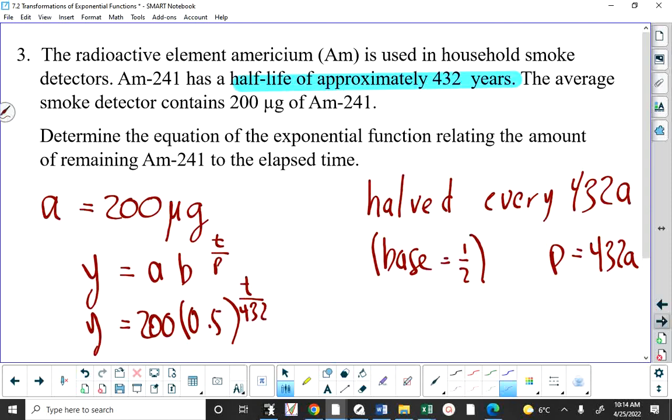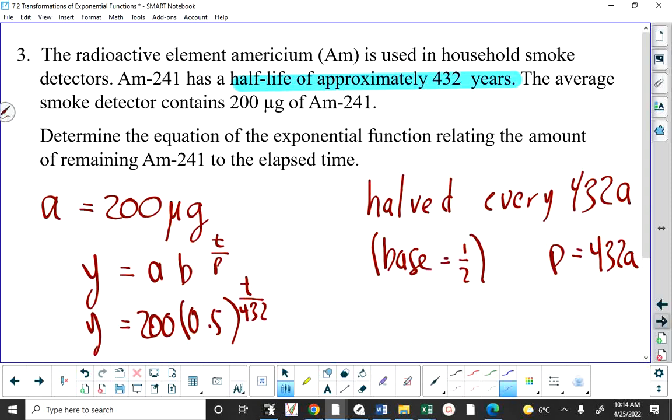And that's it. I didn't ask anything else here, but I could very easily ask you this question, and it would be almost identical to the one that Maddie asked about at the beginning. If the smoke detector needs to be replaced when the amount drops below 190 micrograms, how many years is it good for?